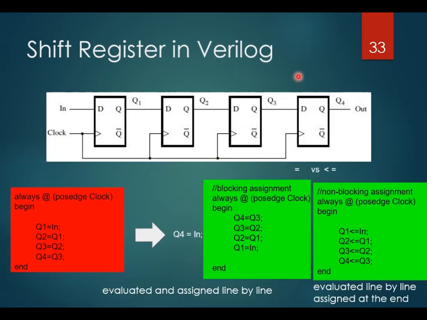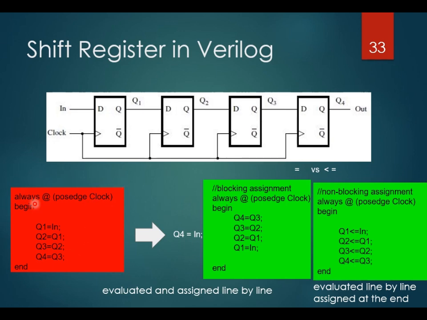Next, let's look at how we code the shift register in Verilog. Look at the 4-bit shift register that consists of 4 flip-flops connected as shown here. When you do the coding, you can use an always block at each positive clock edge, and Q1 gets the signal from in, Q2 gets the signal from Q1, and so on.